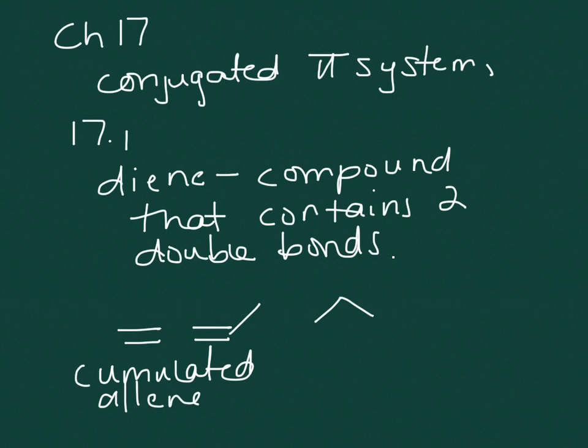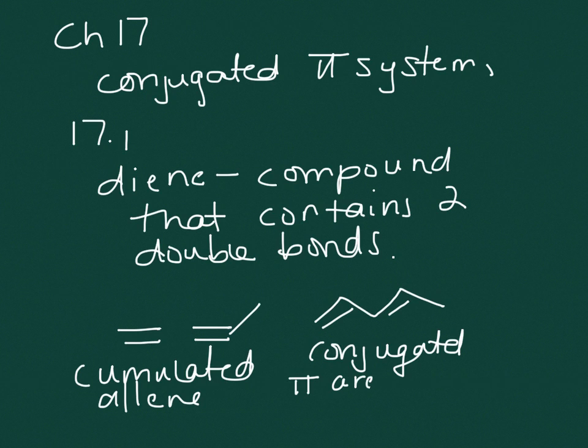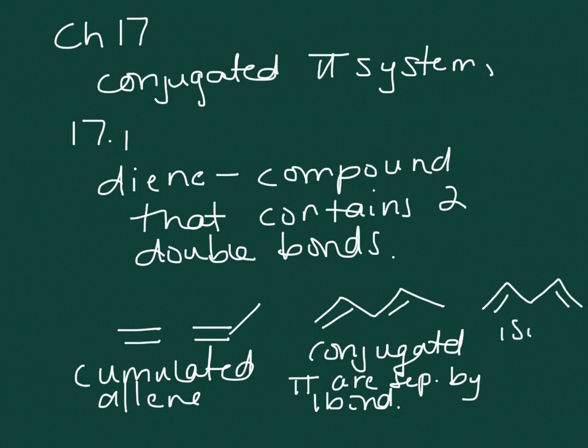We can have a conjugated diene, okay, and this is where the pi bonds are separated by one bond. And we can also have isolated dienes. And this is where they're separated by two or more single bonds.